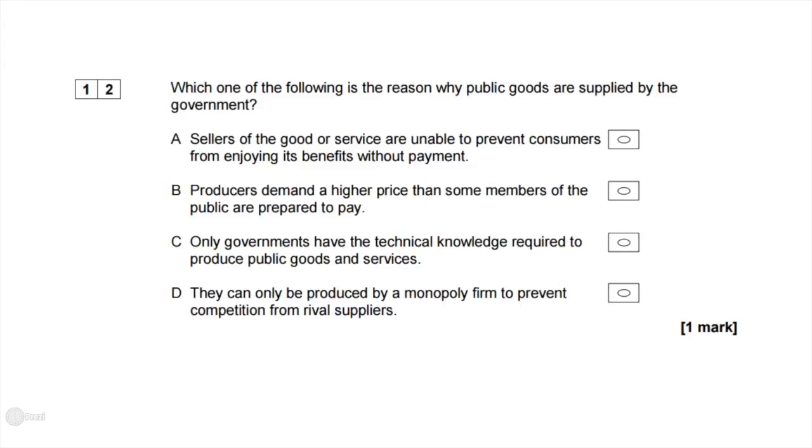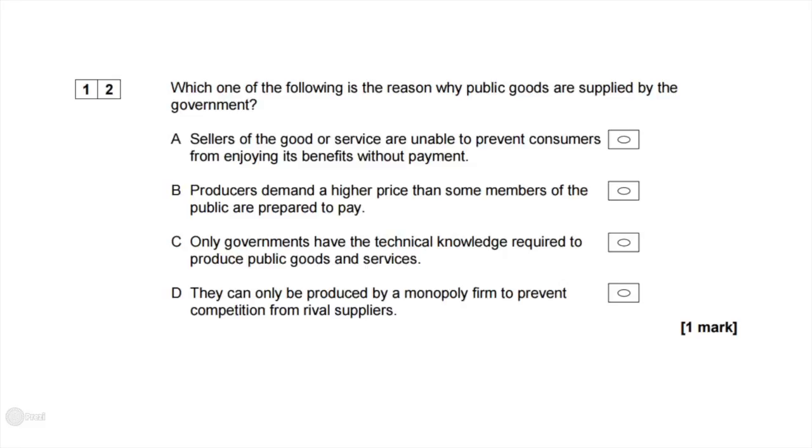Question 12 says, which one of the following is the reason why public goods are supplied by the government? A public good is non-excludable and non-rival. Non-excludable means that you cannot exclude consumers from consuming this good, and this is why we have a big problem of free riding with public goods.